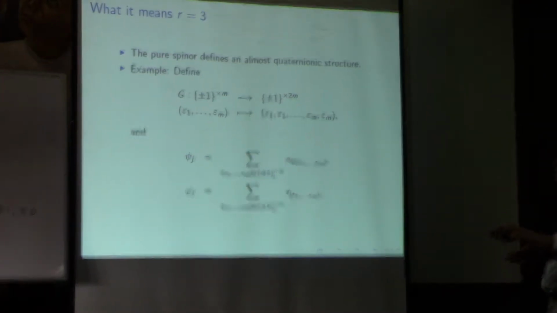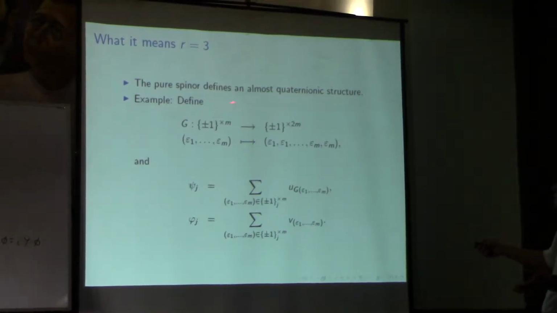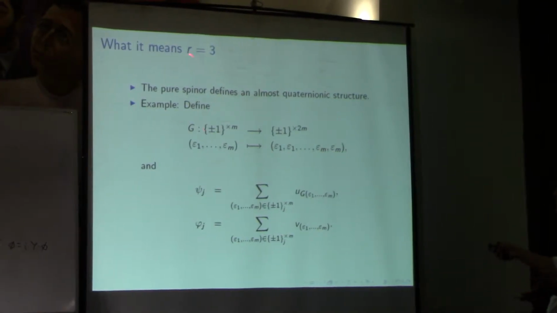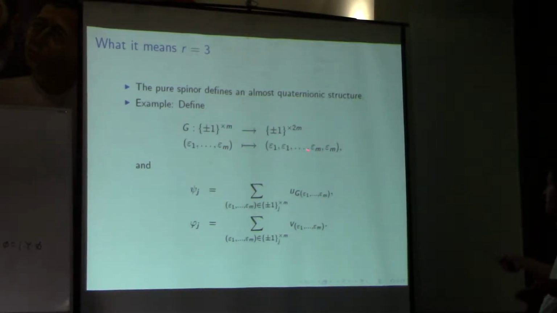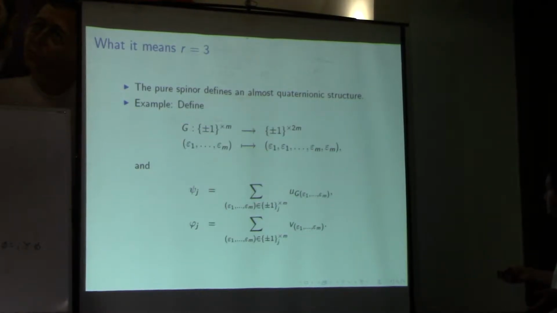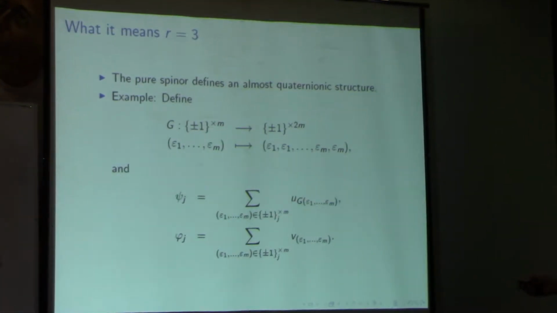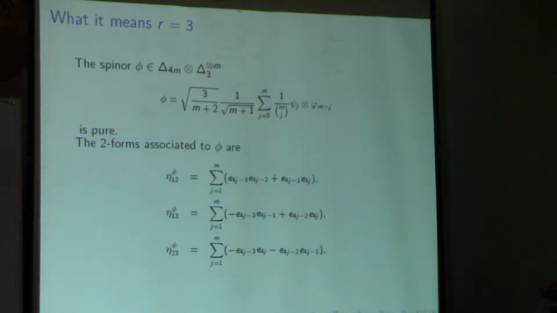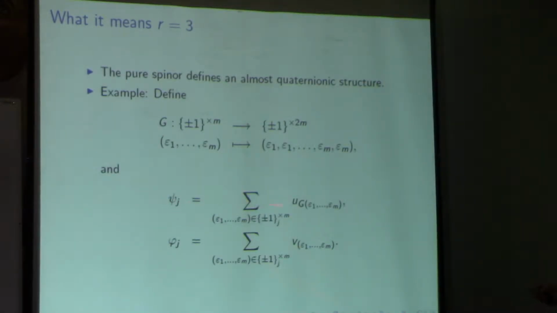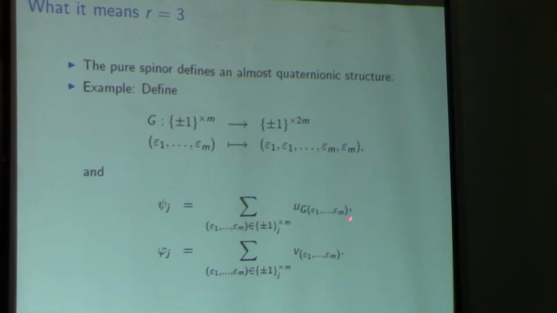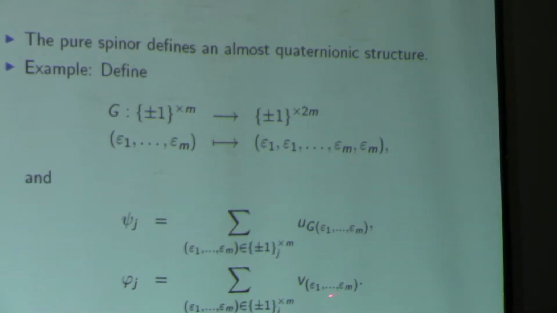An explicit representative of such very special spinors for R equal 3, given a 4m dimensional space, is given by this. I mean, you define psi j this way, phi j this way. These are the u's of the beginning. The v's are like the u's, but the ones corresponding to the auxiliary part of R to the R. These are the spinors with subindices plus minus 1 and so on.